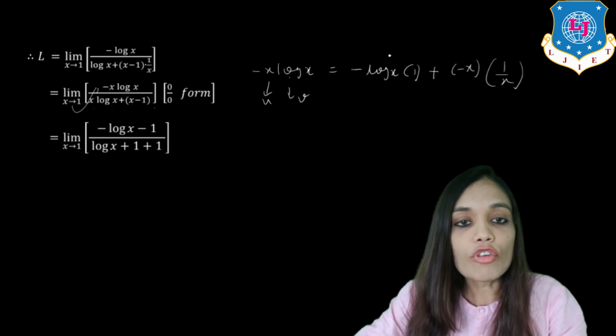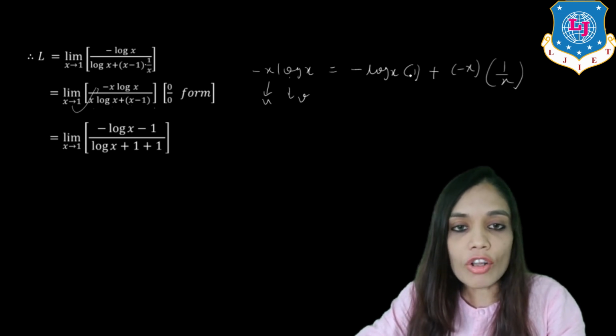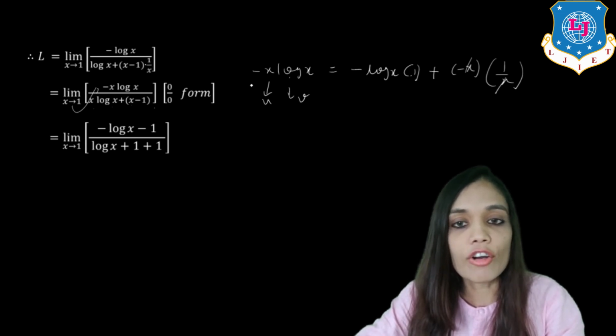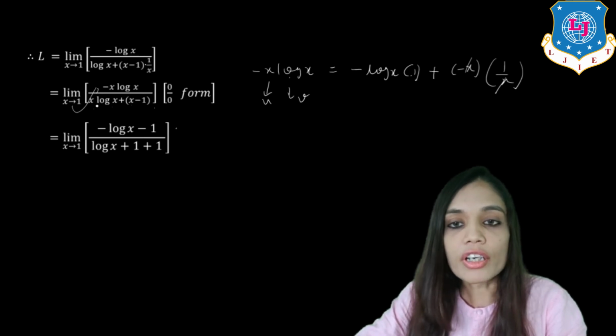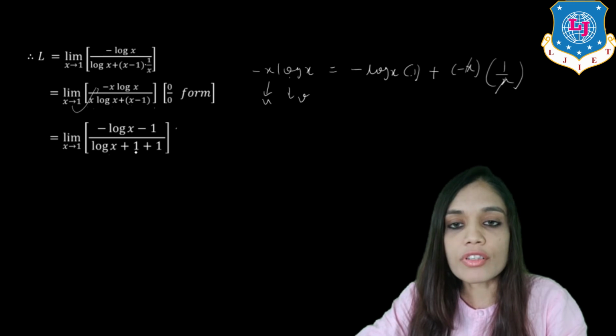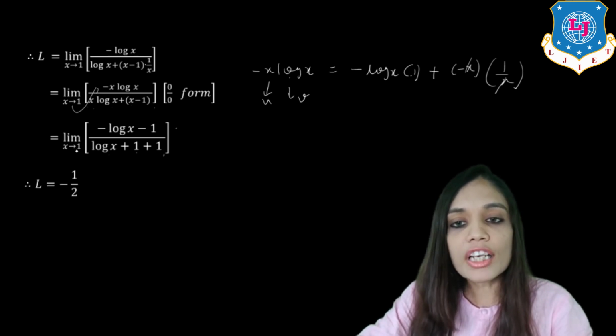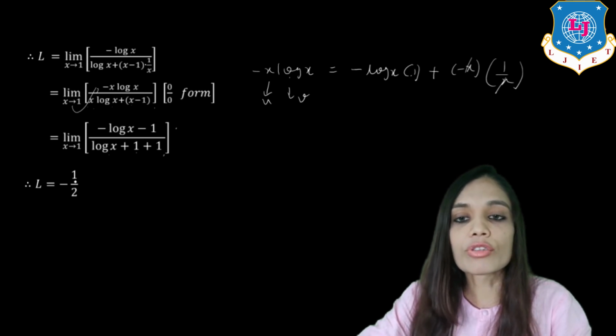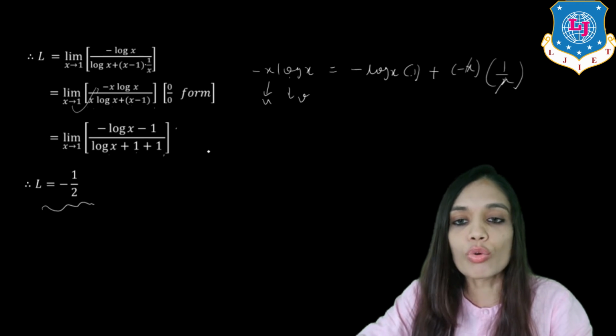Done? So finally what will remain? Minus log x, this x gets cancelled out, minus 1 upon. Now again apply UV rule in this, so you will get log x plus 1 plus 1. Simplify this further and put the limit. So on putting the limits, you will get the value of the limit as minus 1 upon 2.